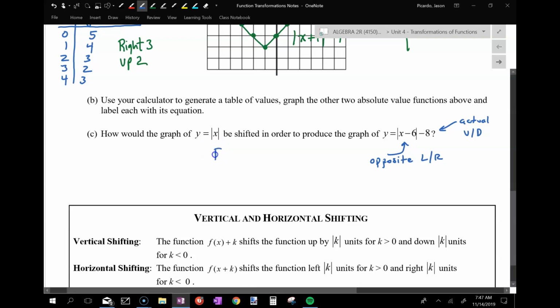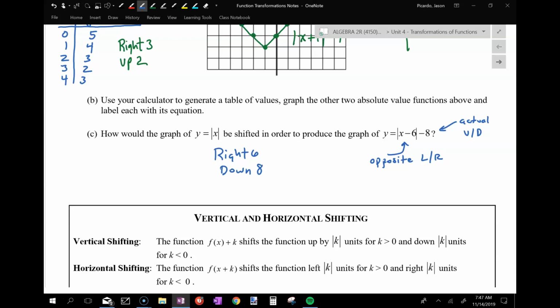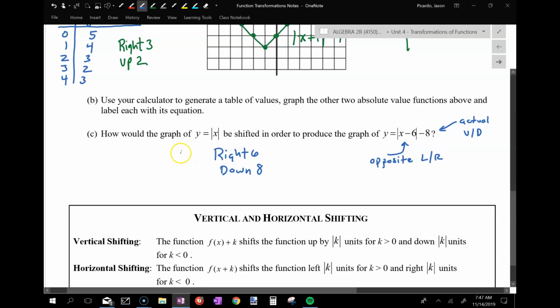So this is going to go right 6 and down 8. Now I should add one word to both of those. What is that word? The word shift, right? Because that's what I'm actually doing. So I want to make sure I say I'm going to shift right 6 and I'm going to shift down 8.